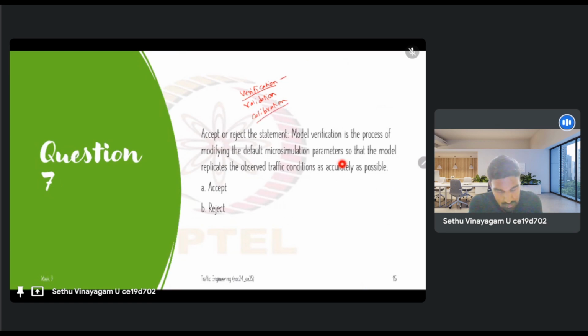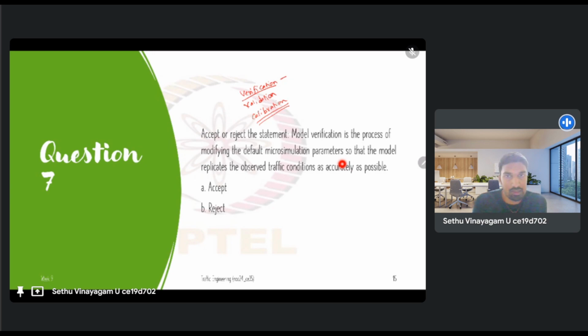So the calibration is, as I said, we'll have distributions with different parameters, or the driver behavior, the sensitivity. There are numerous parameters that we can change. So what we do in the calibration process is find what set of parameter values will give us a close fit of the observed values.